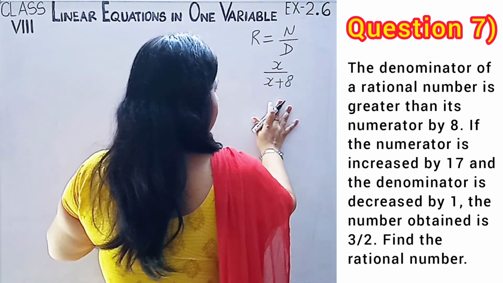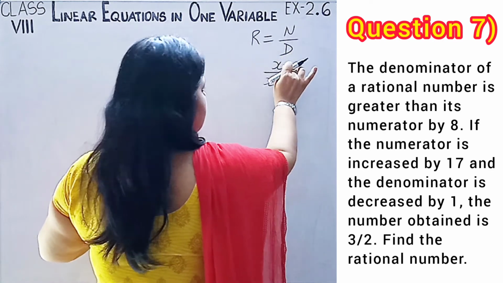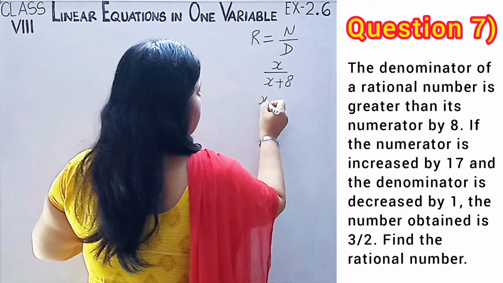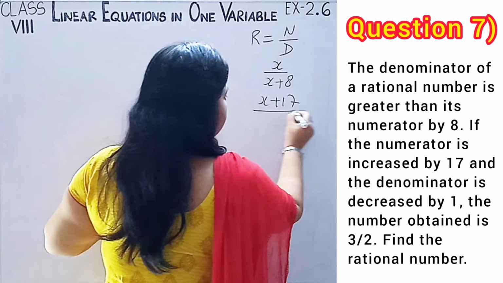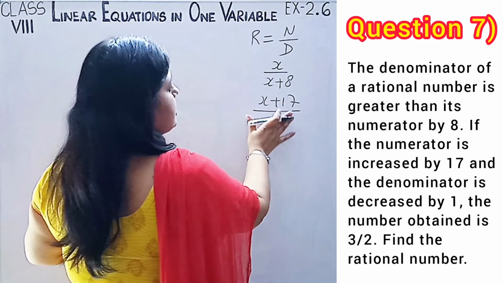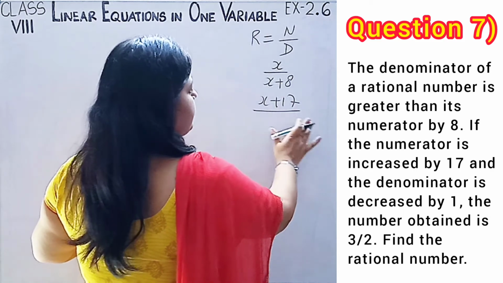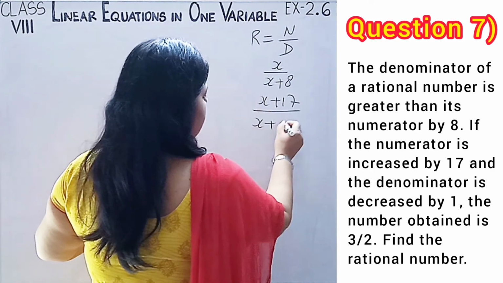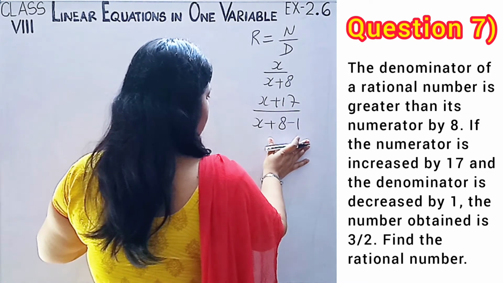Now the second part is we have to add 17 in the numerator, which is given in our question. So we are adding 17 in the numerator, and why adding? Because it is increasing. If decreasing, then we have to subtract. So the denominator minus 1 because it is decreased by 1.